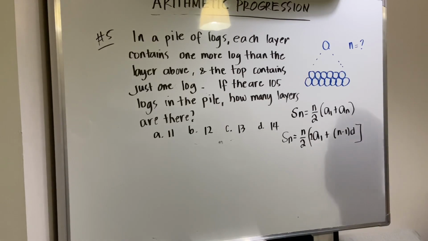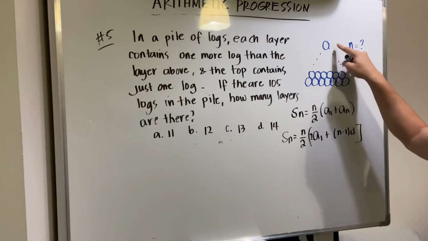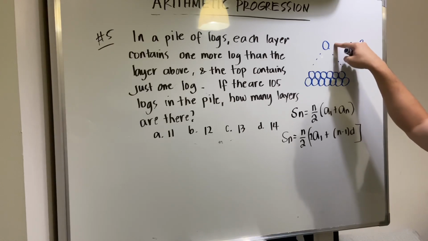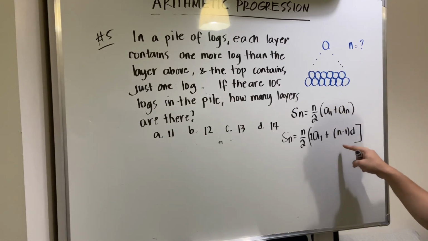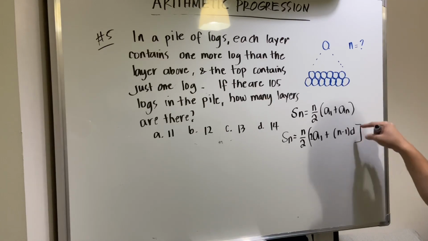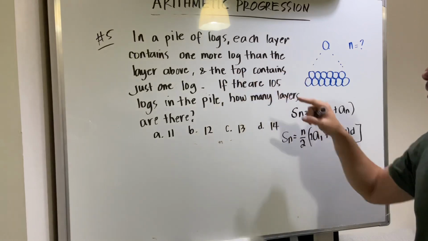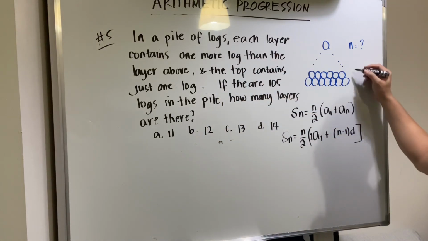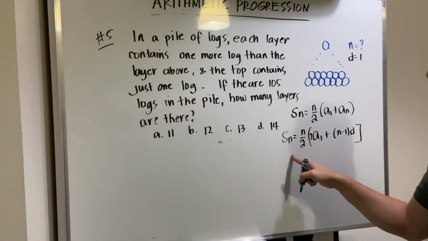Okay, so in this case, we know the first term, which is 1, because the top contains just one log, and the common difference d is each layer contains one more log, so the common difference here will be 1. And we know also the sum, which is 105.